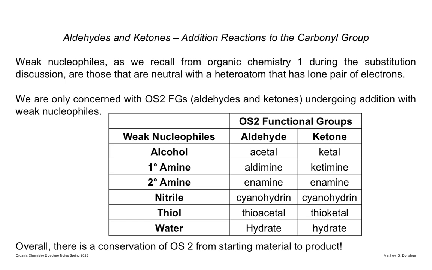So an alcohol can be any class, primary, secondary, or tertiary. Primary amine, secondary amine, notice there's no tertiary amine on there. A nitrile, a thiol, which is the sulfur variant of an alcohol, and then water. So those are all neutral molecules.